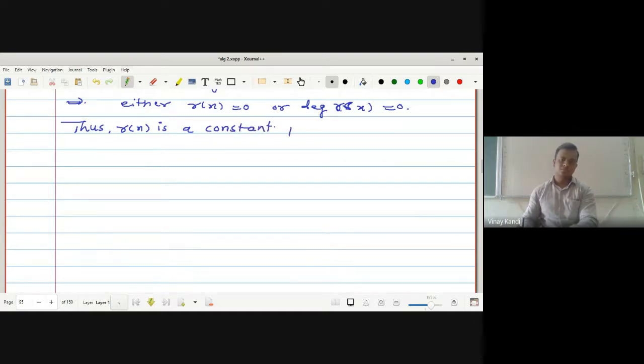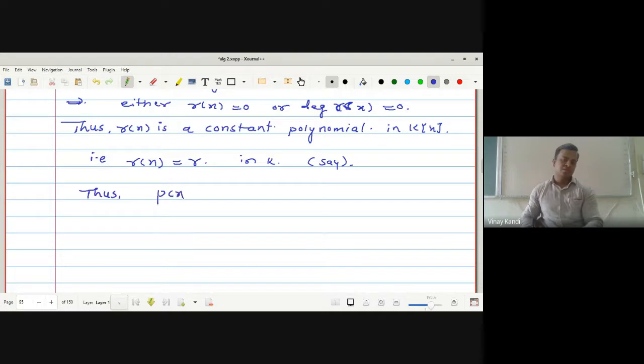Is it correct? Yes, sir. Okay, a constant polynomial in capital K of x. That is, let that constant be r in K, so the constant polynomial r of x is nothing but r.